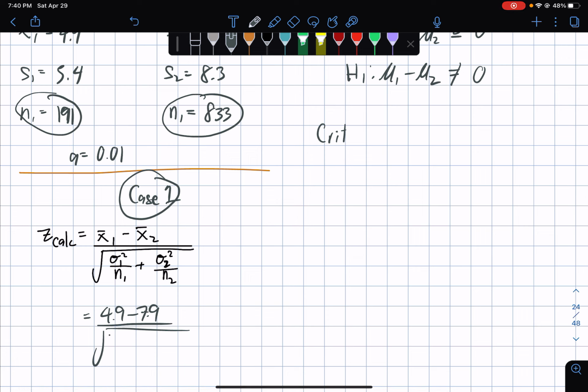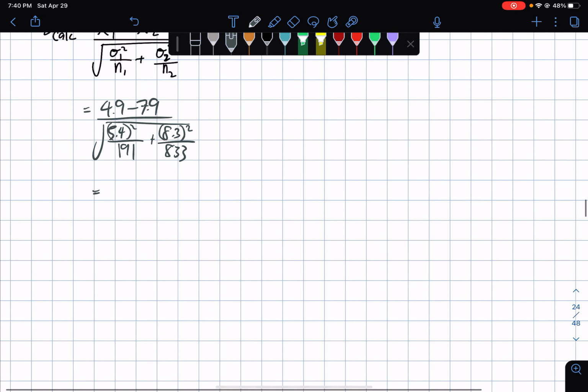s1 is 5.4, so 5.4 raised to 2 over n1, that's 191. And then s2, that's going to be 8.3, and then we put the raised to 2. And then we put 191. I'm sorry, 833. Put these values in the calculator. What will you get?